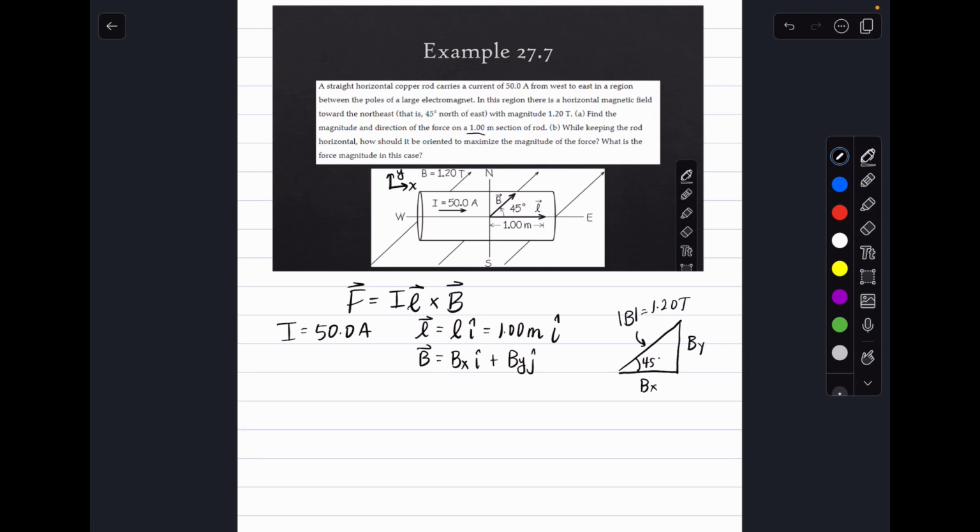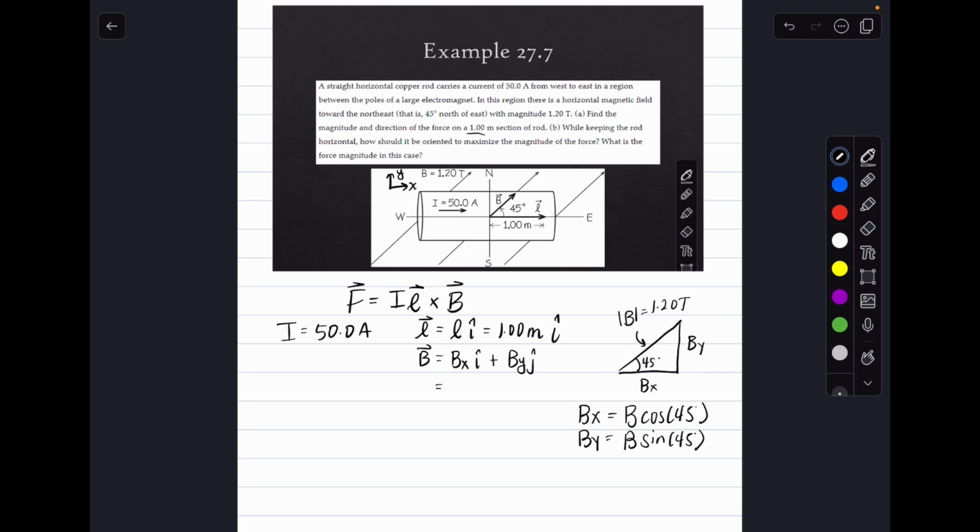We don't need a second triangle. We have all the information we need to find the sides. So BX would be the adjacent side of that angle, B cosine 45, and BY would be B sine 45, which I believe is square root of 2 over 2, right?